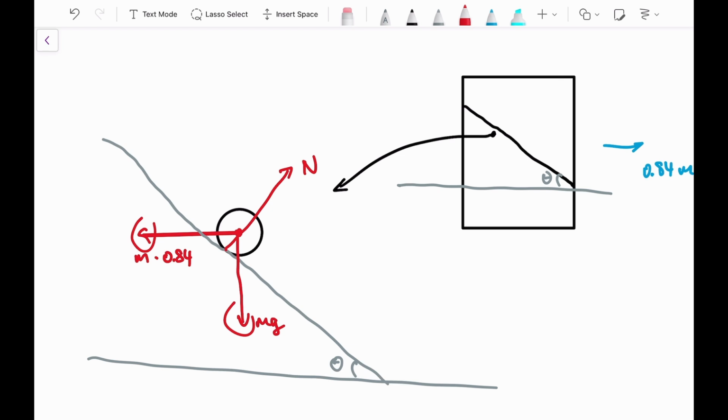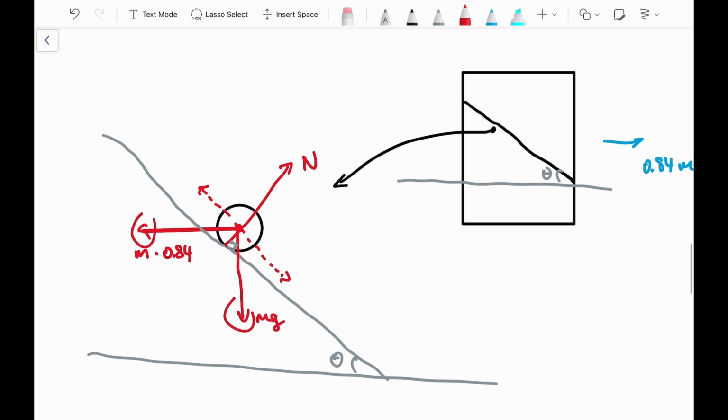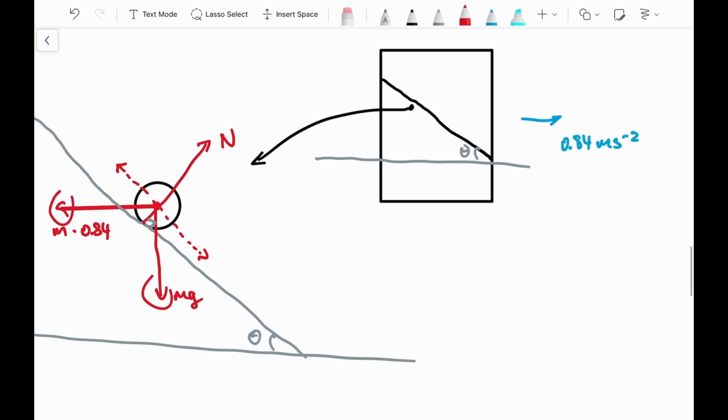In order to produce n in that direction, perpendicular to the surface, the component of mg in this direction and the component of ma in this direction should cancel out each other. So simply we can set an equation for this.